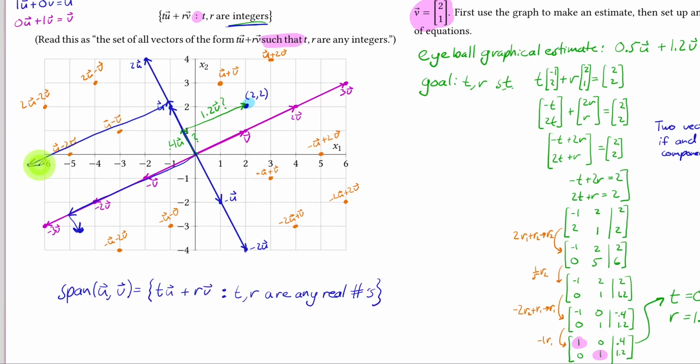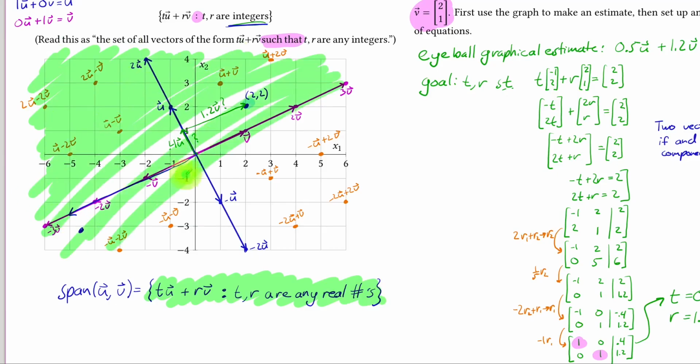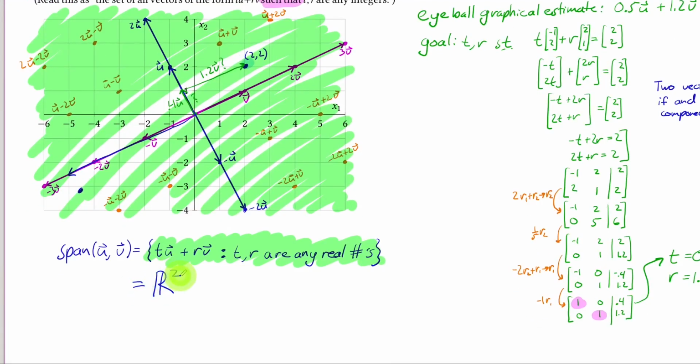So any point in R2 can be written as a linear combination of this. So the span is going to be all such points like this. That's actually going to be all of R2. So in this case, with these two vectors, the span of u and v is R2 itself, the whole thing.